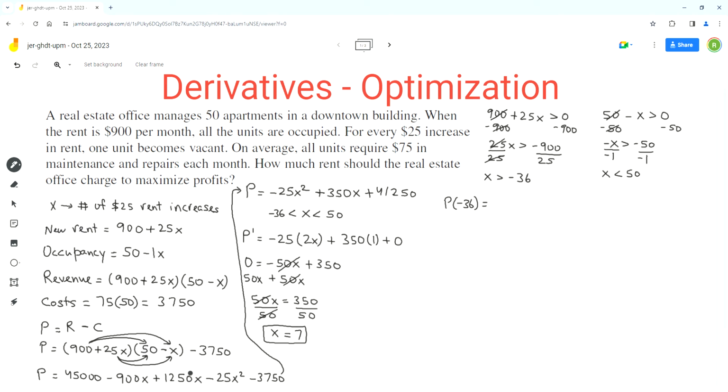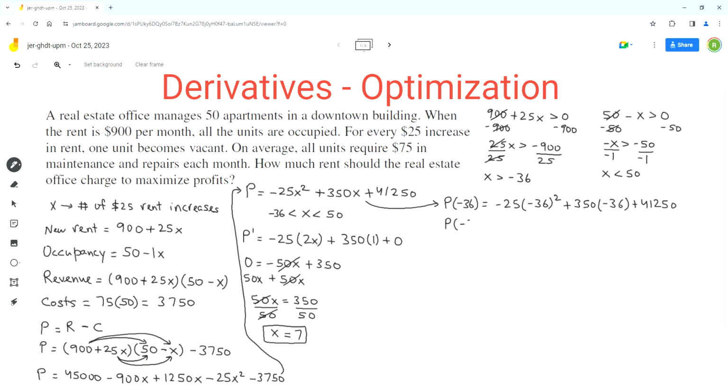So we sub in x as negative 36, so negative 25 times negative 36 squared plus 350 times negative 36 plus 41,250. So we are using the profit function, this equation.